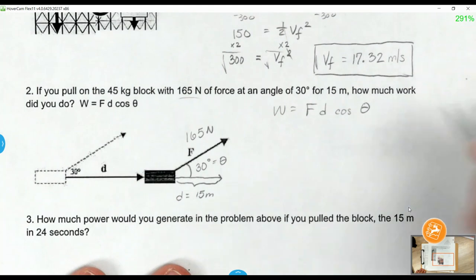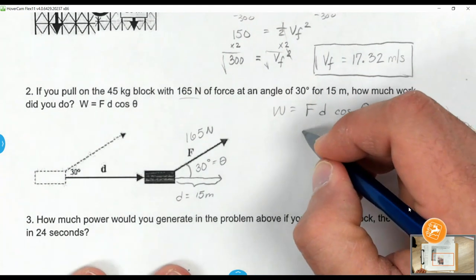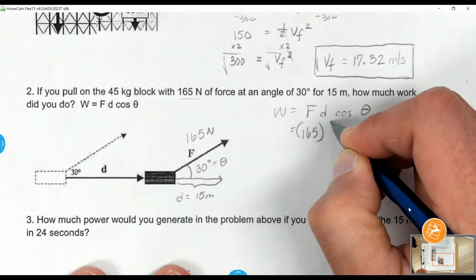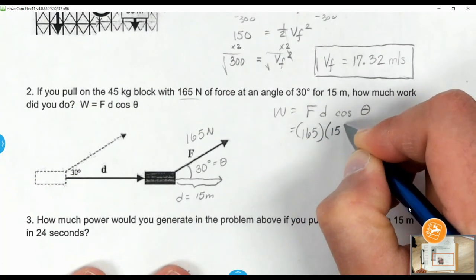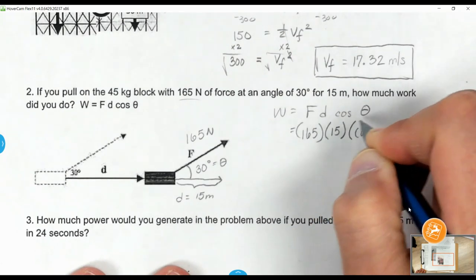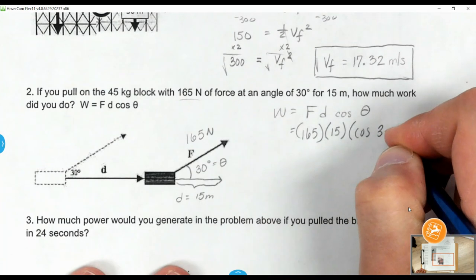And now it's as simple as just putting our numbers where we need it to be. 165 times 15 times cosine of our angle, which is 30.